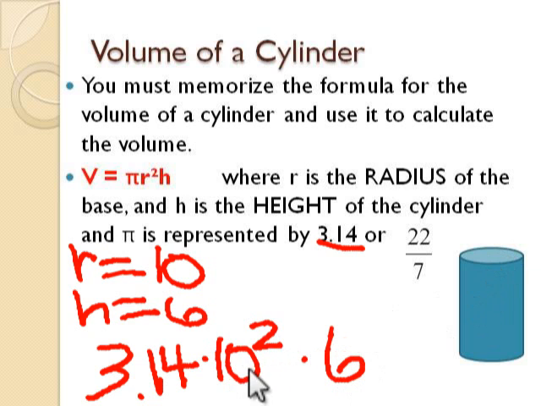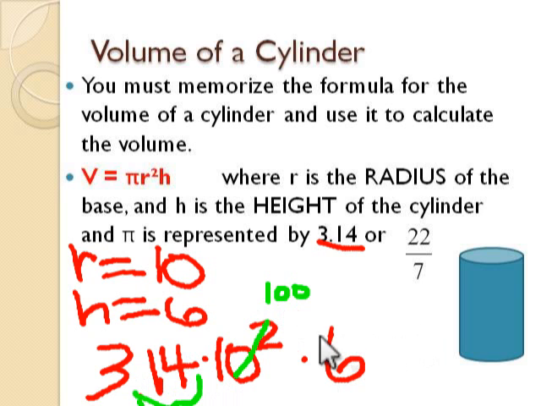Okay, so the first part of this, according to order of operations, is we're going to do the power. So we're going to get 100 for that power. There's the 100. And then when we multiply that 3.14 by 100, all we have to remember to do is move the decimal point over 2 places to the right.